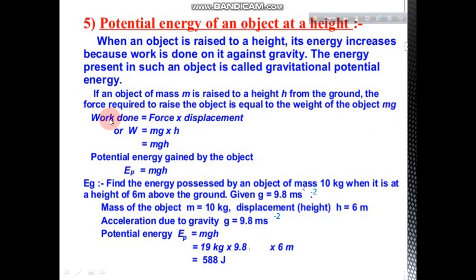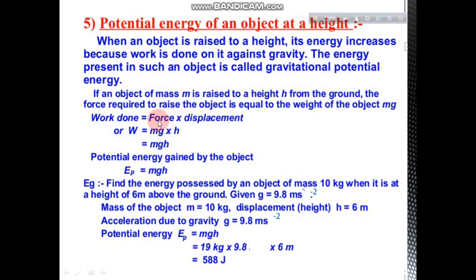Now we know that work done equals force into displacement, that is W equal to F into h. Here the required force is equal to the weight of the object, that is mg.